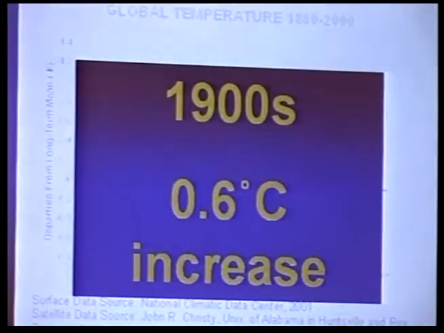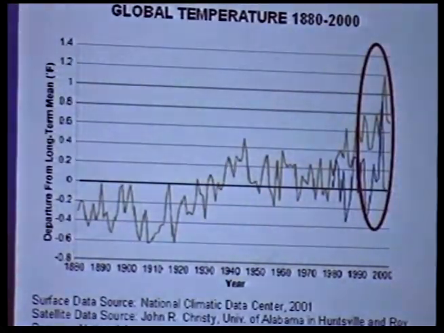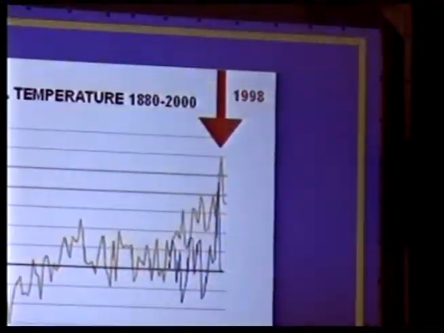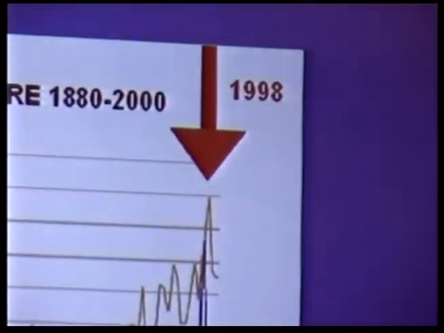This may not sound like much, but it's a very big difference. This is, in fact, the largest increase in temperature for the past 1,000 years. And the 1990s was the warmest decade. 1998, which will be the main theme of this talk, was the warmest year during this whole period.